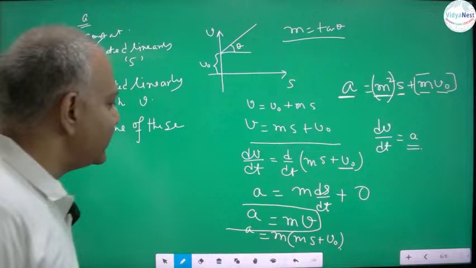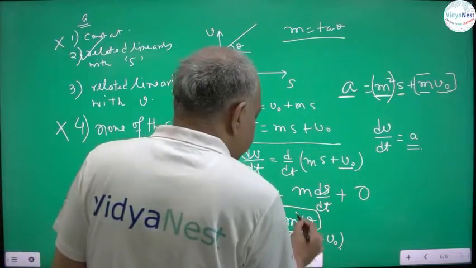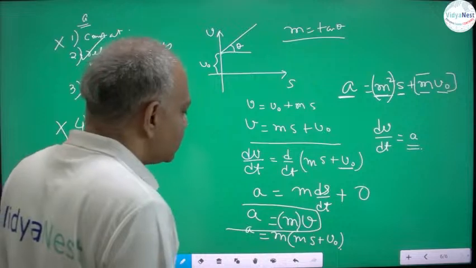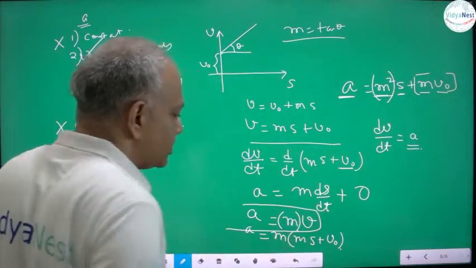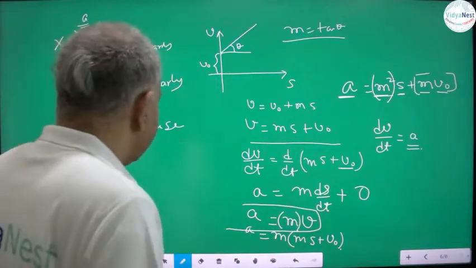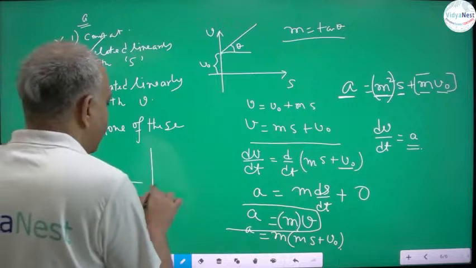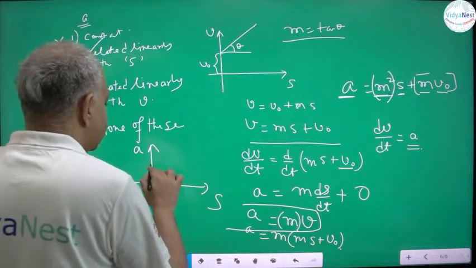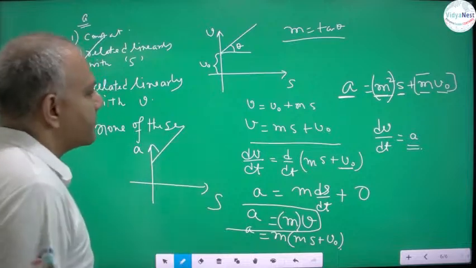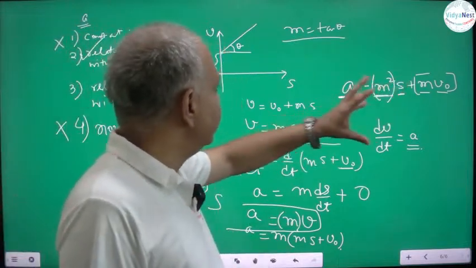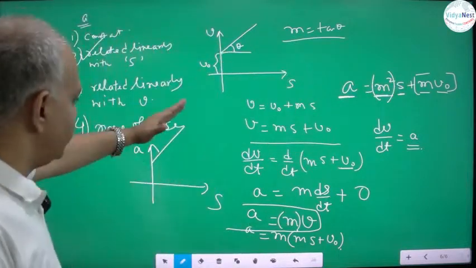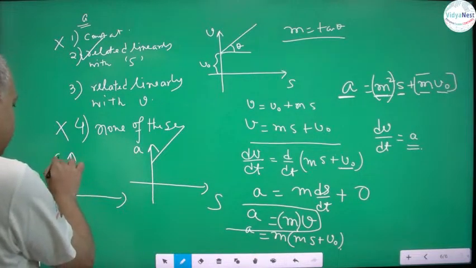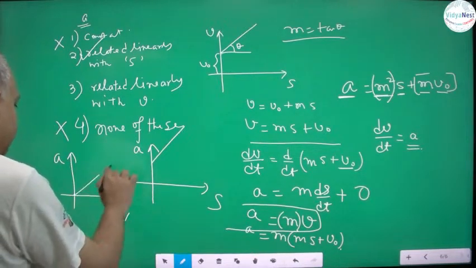M is a constant, isn't it? The acceleration is directly proportional to v in this situation. A direct relation. If I plot a graph of acceleration against displacement, it goes like this way, because of m square. And if I plot acceleration against velocity, I can have it like this way.